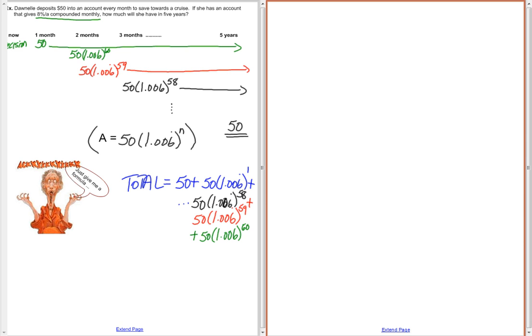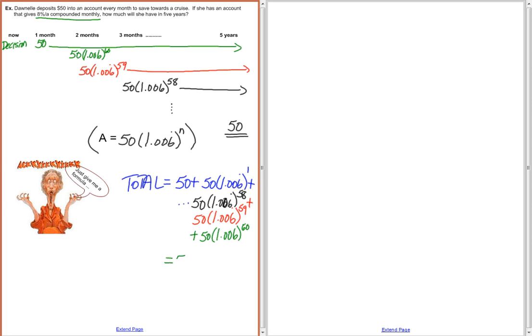So that total would be $50 plus $50.30 plus $73.50 plus $73.99, actually 74 when you round it up.